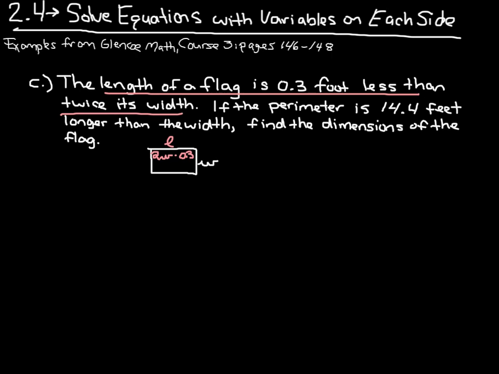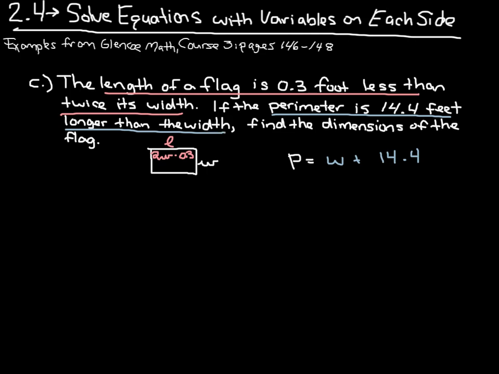So 2W minus 0.3 or 3/10. Now perimeter, it says, is equal to the width plus 14 4/10, as the perimeter is 14 4/10 feet longer than the width.